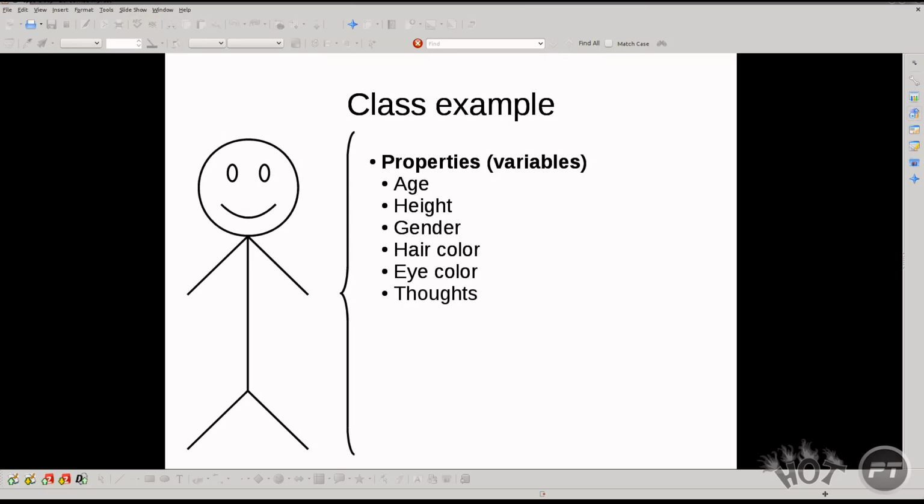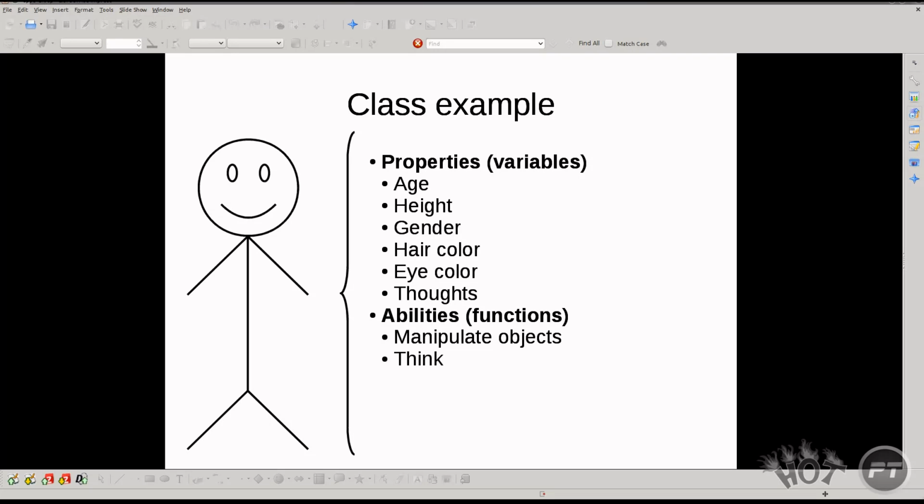A person also has certain abilities, things they can do, and these fall into the case of more functions. For example, they can manipulate objects. We can pick things up. We can change settings on whatever. We can interact with the physical world around us. And so that's an important function. We can think.